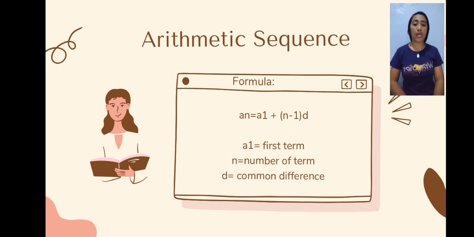An is equals to a1 plus open parenthesis n minus 1 close parenthesis d. So a1 means the first term, and then the n means the number of terms, and then the d means common difference.